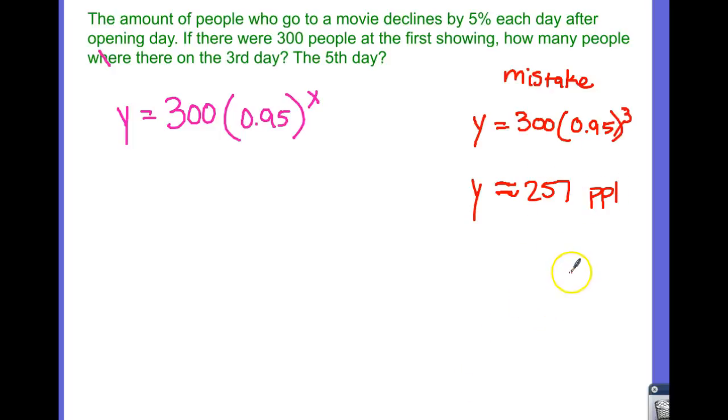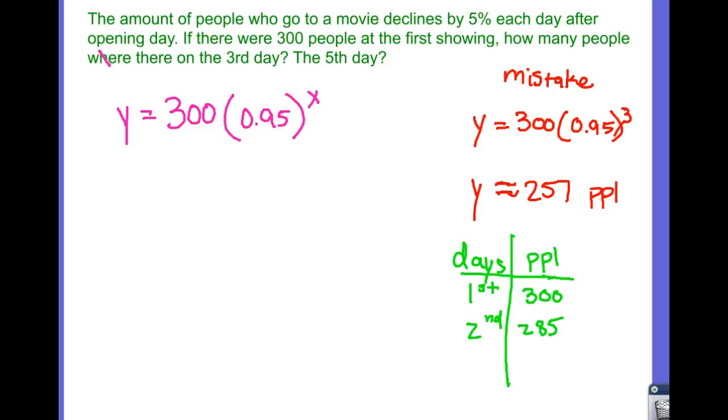Well, this is a mistake. Why is this a mistake? Let's analyze. If we make a chart when we're talking about the first day, how many people were there on the first day? 300. What about the second day? We lost 5%, so we should have 285 people there.